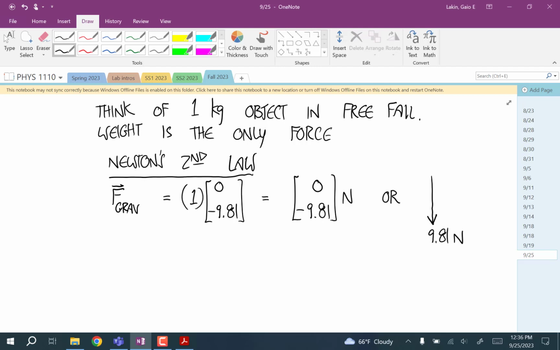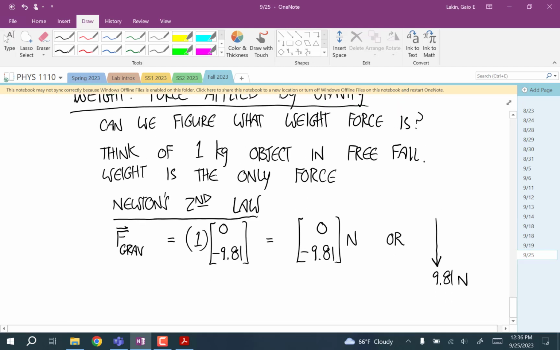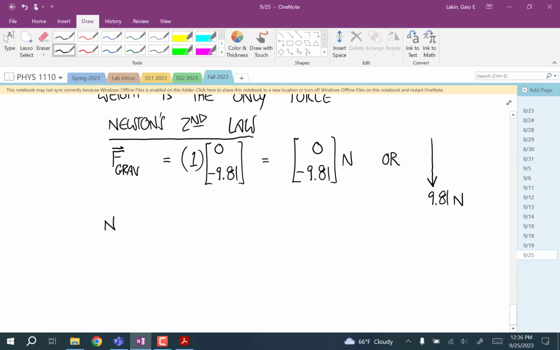Okay, so let's try something with a different mass and think about it the same way. Think about it in free fall. So now think about a 10 kilogram mass in free fall. The only force acting on it is the weight force.